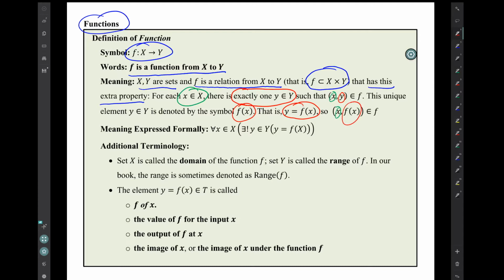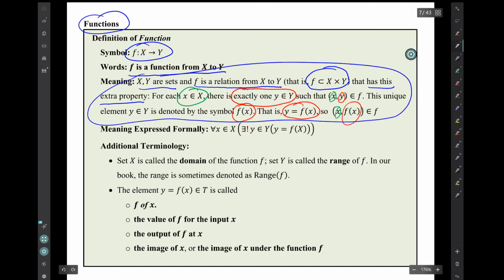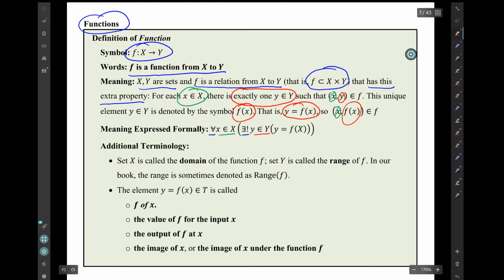Now all these words can be expressed formally in very concise symbols. For every x in the domain, there exists a unique, that is, there exists exactly one (that exclamation point means exactly one), y in the range, such that y equals f of x. Now, some more terminology. The set capital X is called the domain of the function little f, just like it was called the domain of the relation little f.